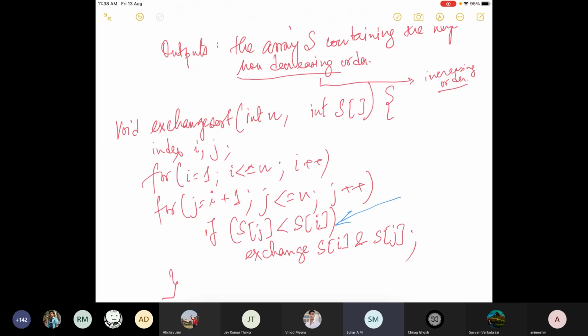Random thing means? Like 1, 3, 2, 7, randomly placed. No, do you understand the difference between these two? Yes, sir. The difference is, in non-decreasing order, the repetition of a number is allowed. In strictly increasing order, the repetition of a number is not allowed.